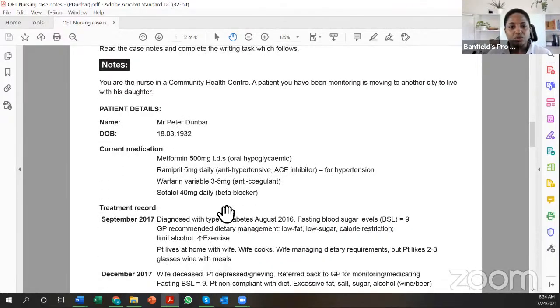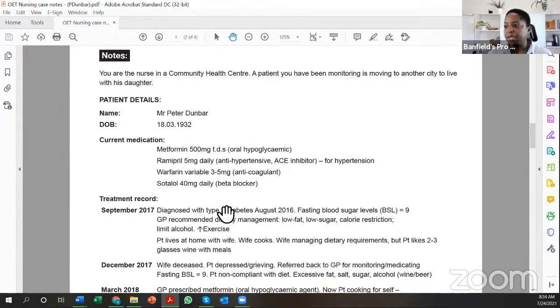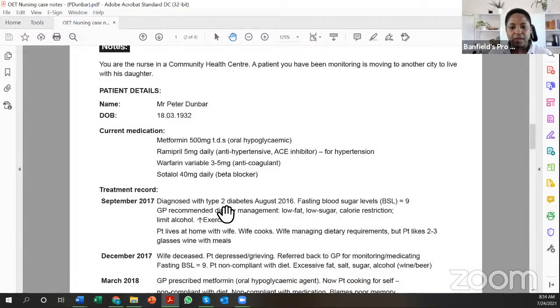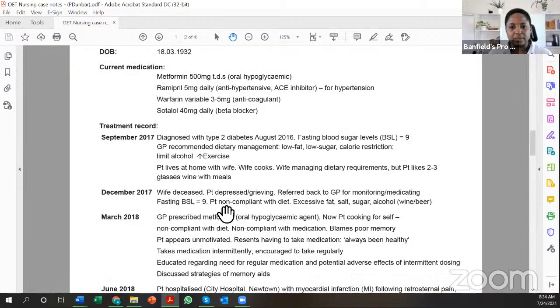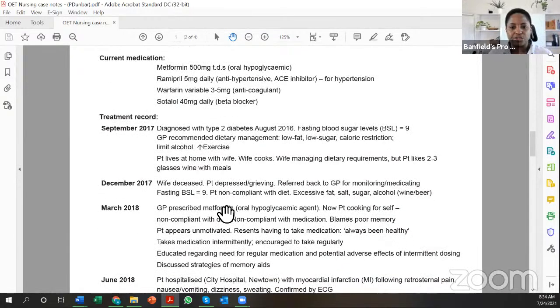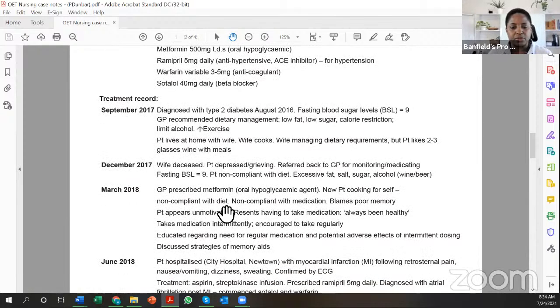So I'll move the screen very slowly so that anyone watching can very quickly scan. All right, so we have his current medications. We have his history starting from September 2017. At that time, as you see, his wife was alive.